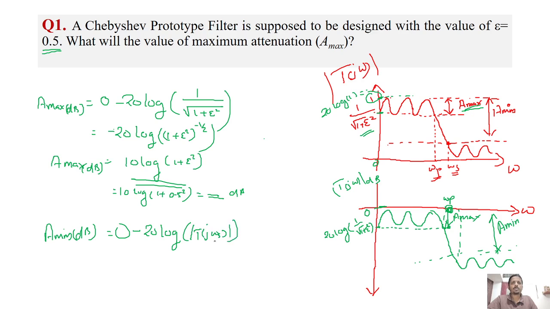We can substitute this omega s in the transfer function of the Chebyshev filter, and on substituting that we will get A min.